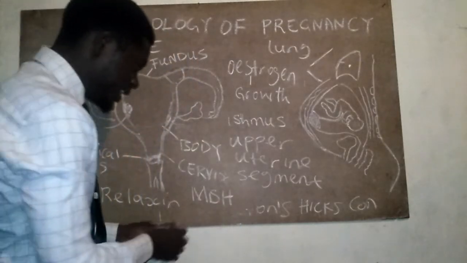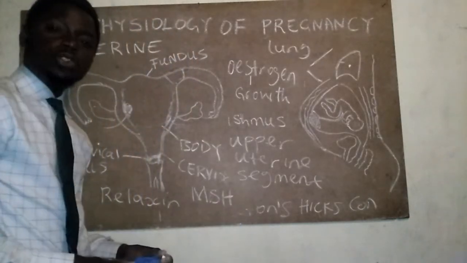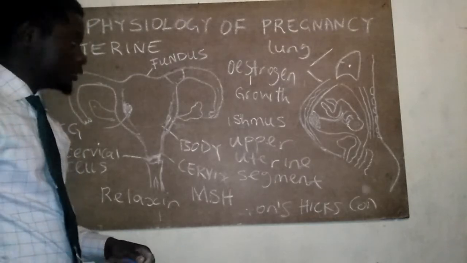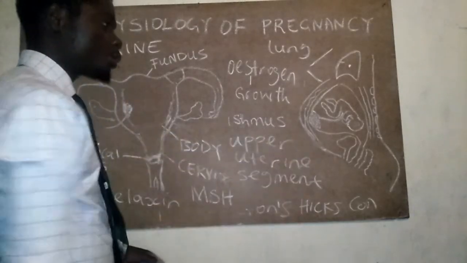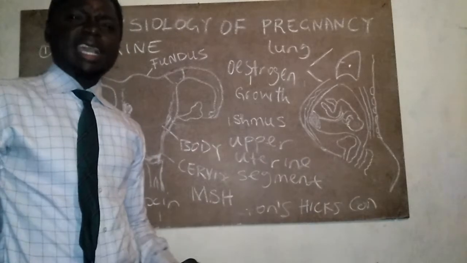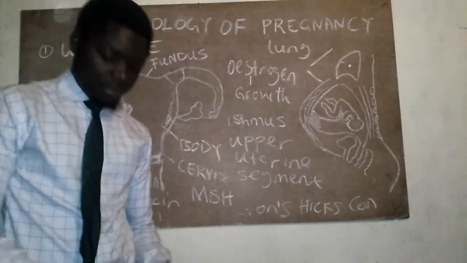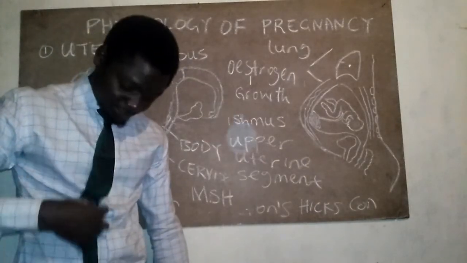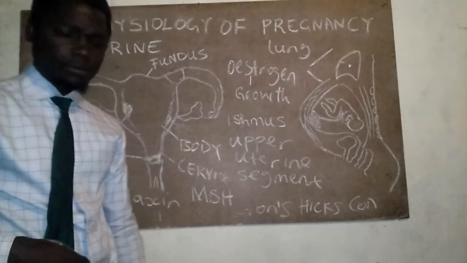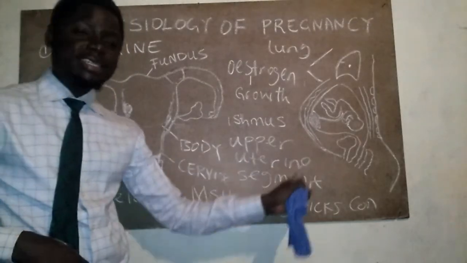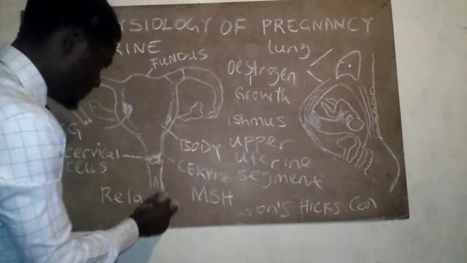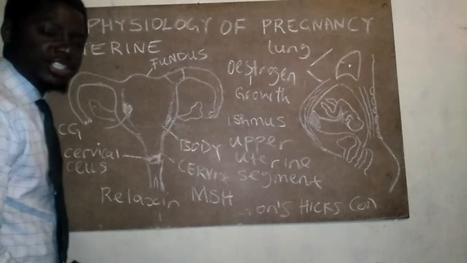This hormone is going to change the color of women who are undergoing pregnancy. For example, the darkened line here, called the linea nigra, is a result of the melanocyte stimulating hormone.